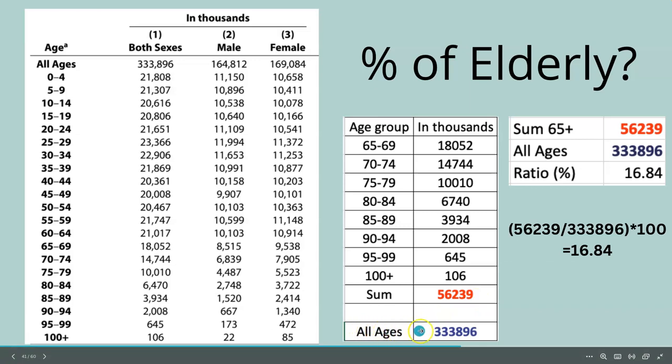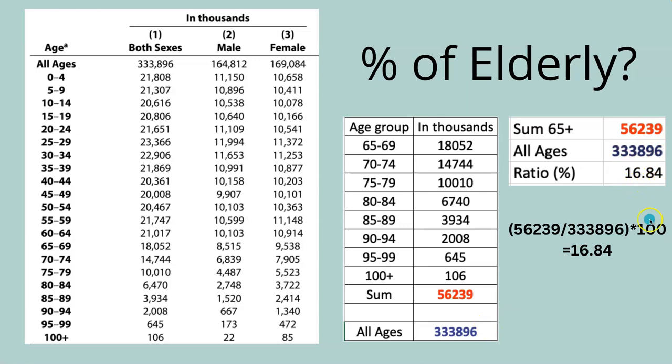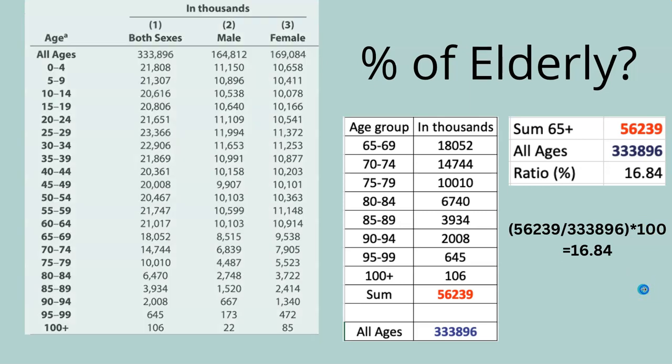But all age groups out of 100, or the whole total population, was 336,896. So the ratio will be 16.84, which means that it is not a super aged society yet, but it's growing a lot. This is an aged society.